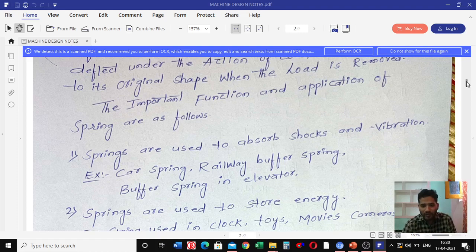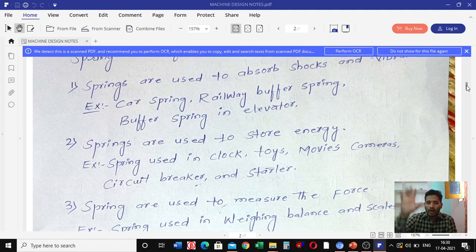Such types of springs are used in wall clocks, and nowadays we are also using them in toys of small babies, because the small baby plays with toys in which we are using these springs.